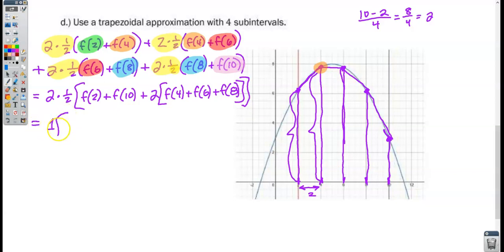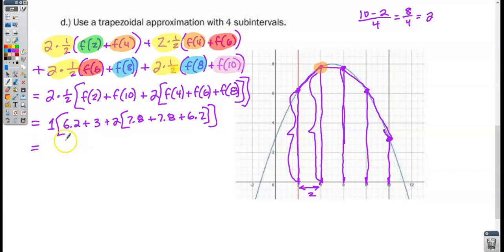And I think I found the values of f of 2, all of these function values in earlier examples, so I can just go ahead and pull those out. F of 2 was 6.2, f of 10 was 3, f of 4 was 7.8, and f of 6 was 7.8, and f of 8 was 6.2.